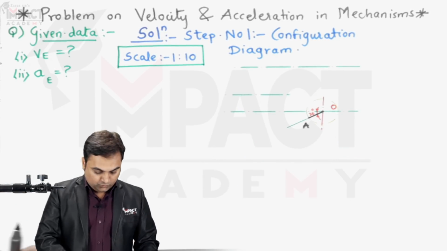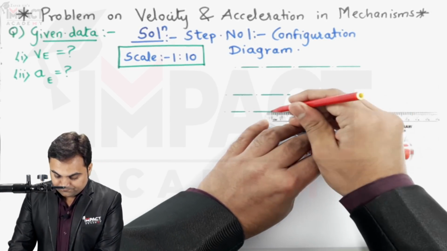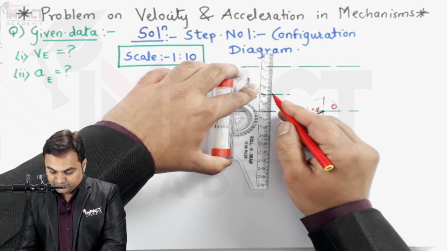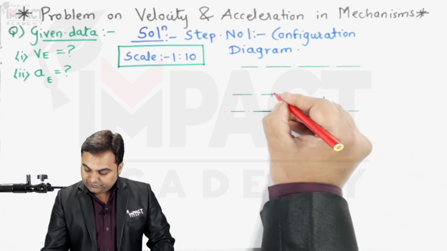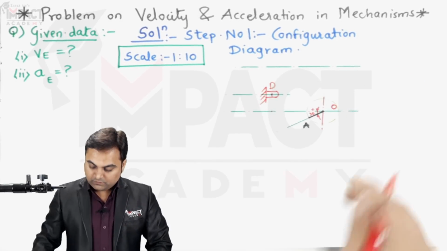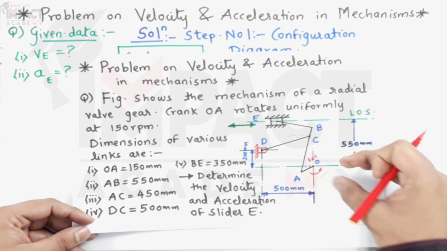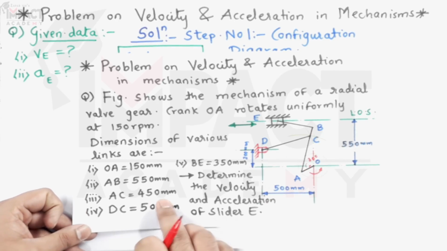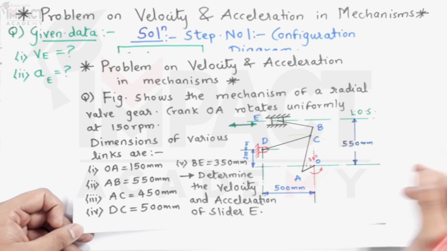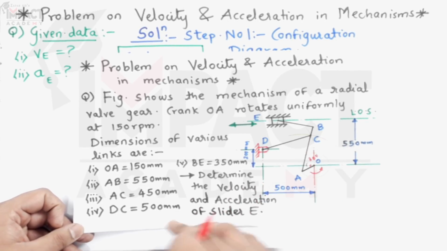So from point O I am measuring 50 mm, and then I would be projecting it light upwards to get point D. After locating point D, here we can say AC is given as 450 mm, so that will be 45 mm for us on a scale of 1:10. Then DC is 500 mm, which will be 50 mm.